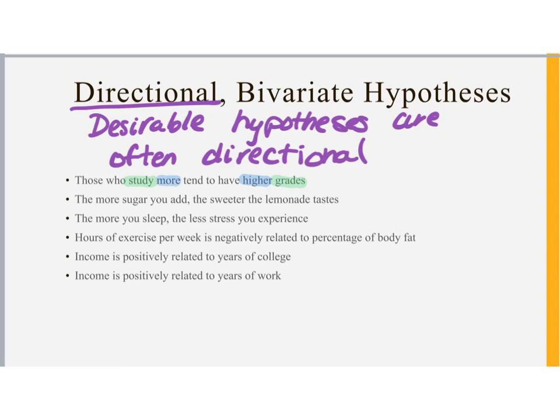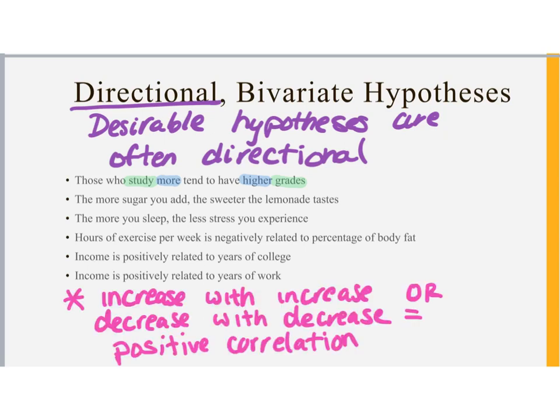That's increase with increase. Whenever we see increase with increase or decrease with decrease, it indicates that we're looking for a positive correlation. Think about what that graph looked like when we had a positive correlation.